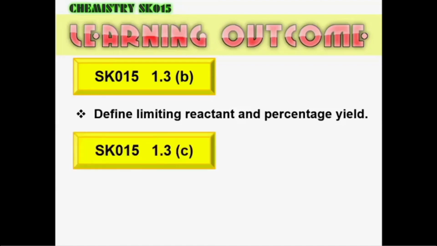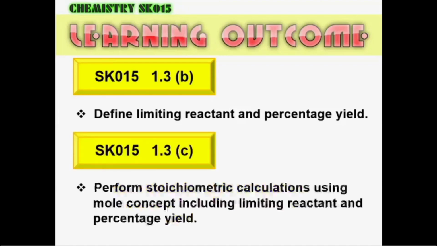Then we discussed the question, where you need to perform stoichiometric calculations using the mole concept to determine the limiting reactant and the excess reactant. And also, in the last question, we had a look at how to calculate percentage yield. That's all for today's lesson.